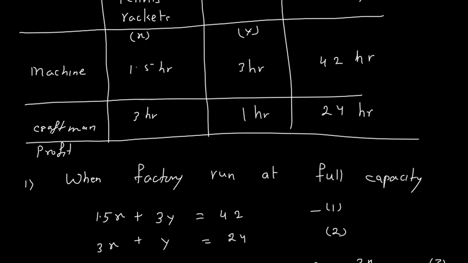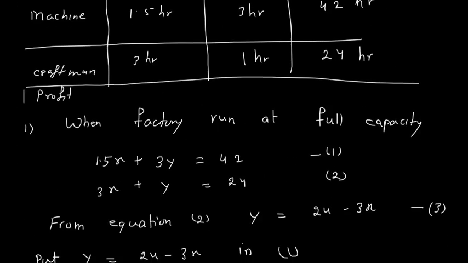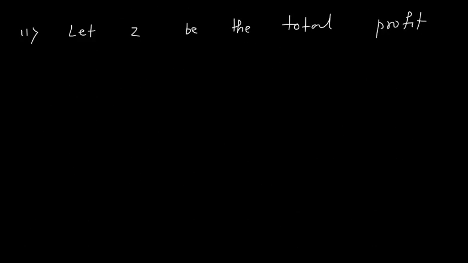On a racket we have a profit of 20 and on a bat a profit of 10. So my total profit will be 20x plus 10y. So Z will be 20x plus 10y.